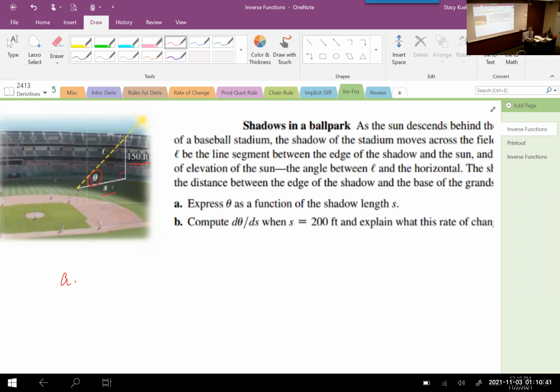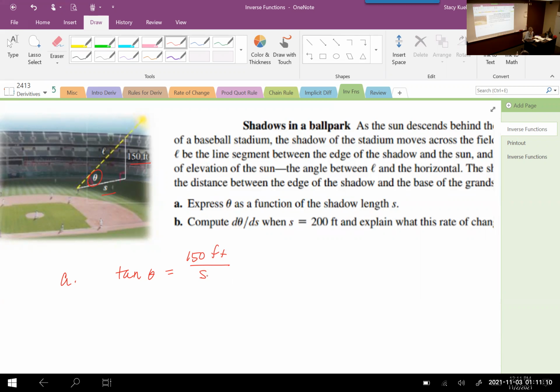And so using right triangle trigonometry, which one would I use to represent these three things? Tangent. So we would say then that the tangent of theta has got to be equal to 150 feet over S. Okay.